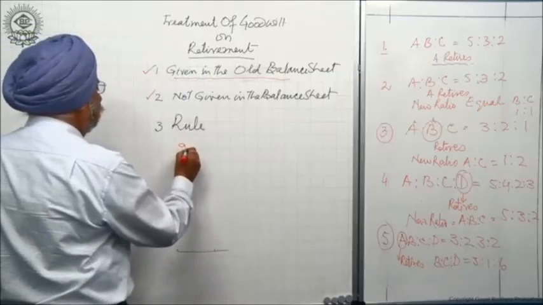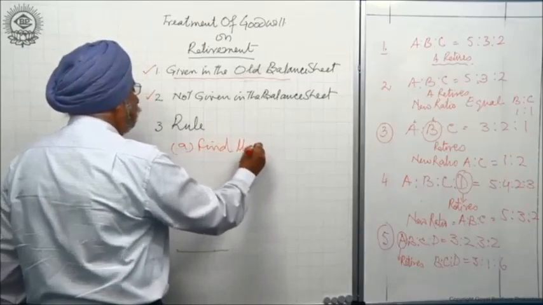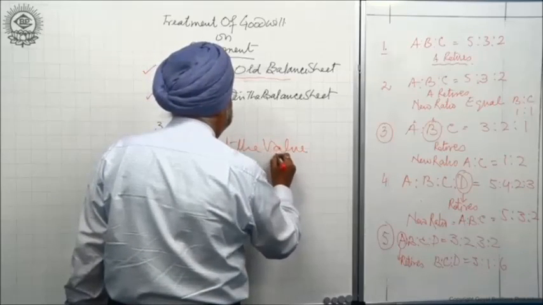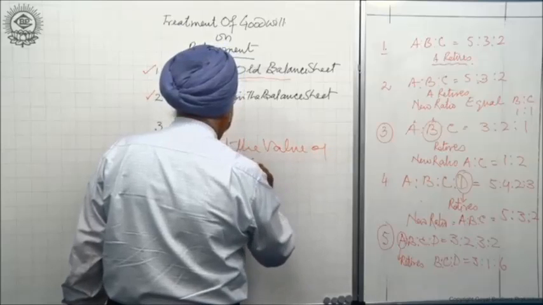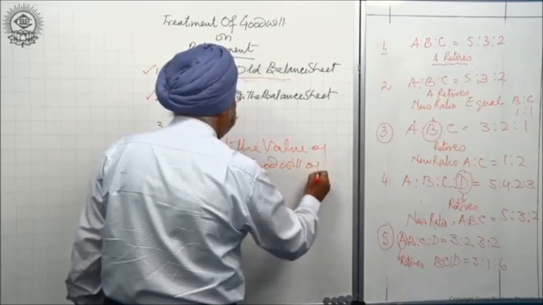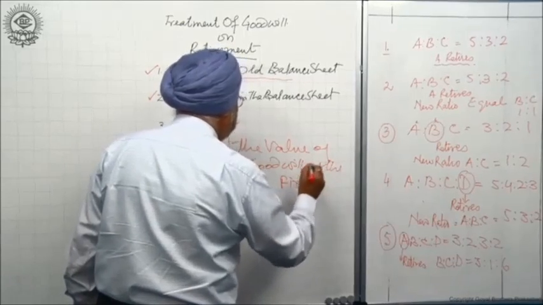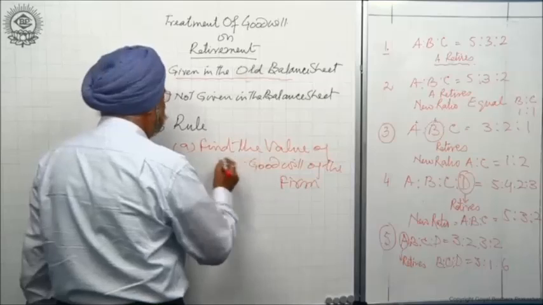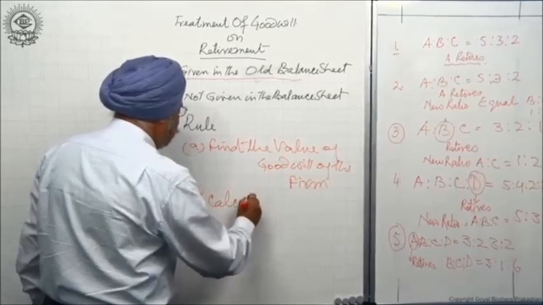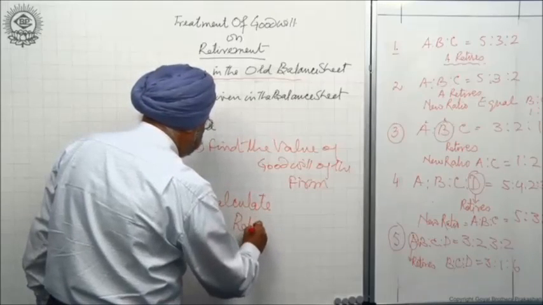A: find out the value of goodwill of the firm. B: calculate retiring partner's share.